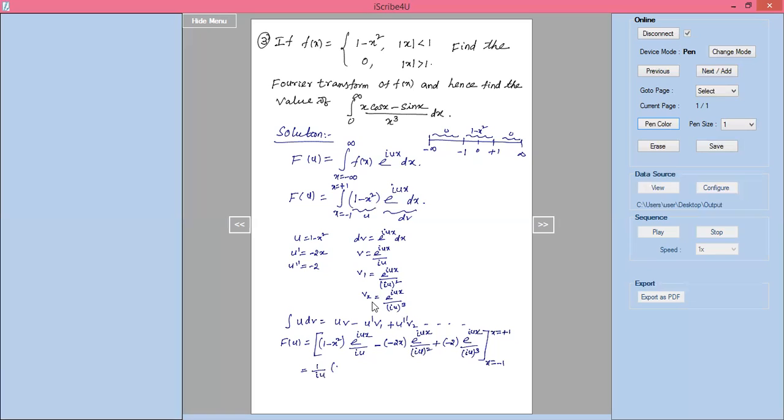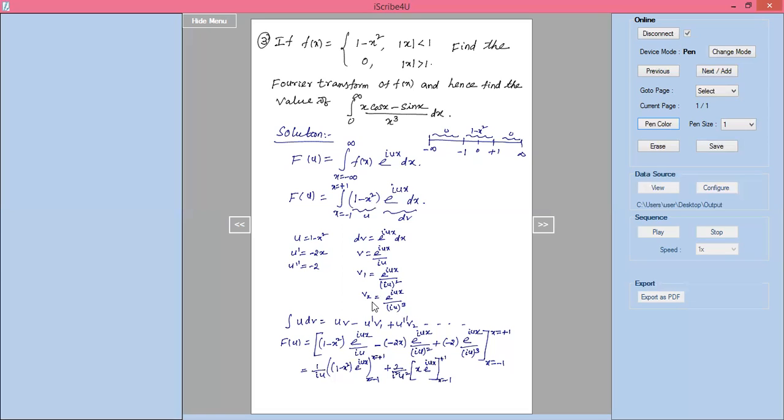Remaining is 1 minus x square into e power iux, with limit x equal to minus 1 to plus 1.